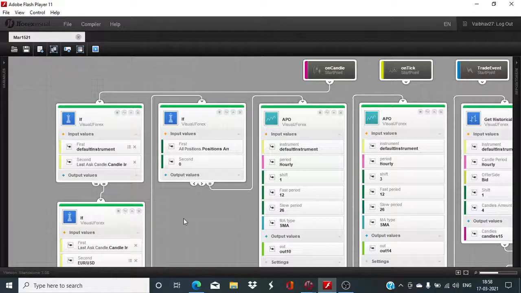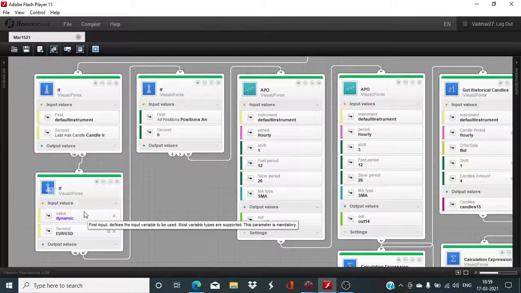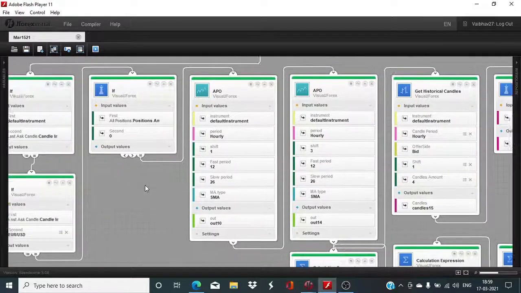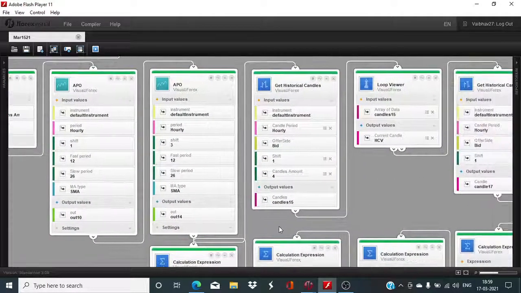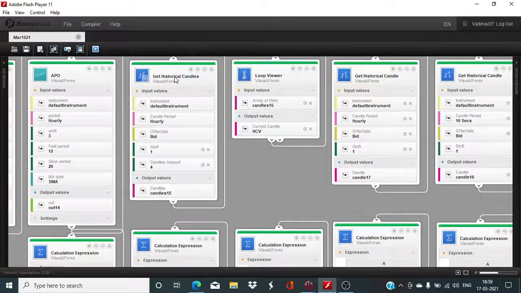So far, in prior sessions, I had done this algorithm design, and here we have added the instrument subscription blocks. For that, the conditions have been defined using these if blocks, and then there are APO indicator blocks, historical candles, clusters. This is get historical candles, and this one is get historical candle.